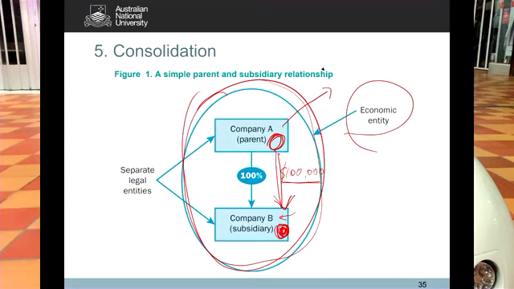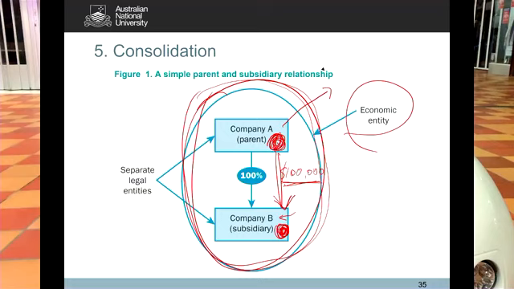If so, the profit is not realized because it's not to an external party outside of this group. If we want to see how well A, the group, really performed, this 100,000 actually is not counted as profit because it's not actually realized.